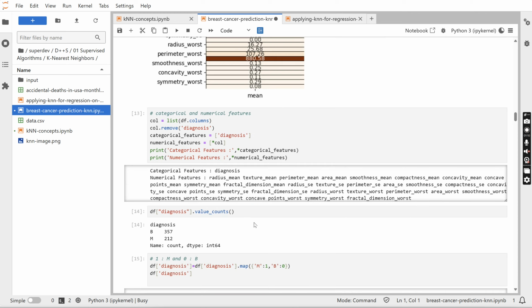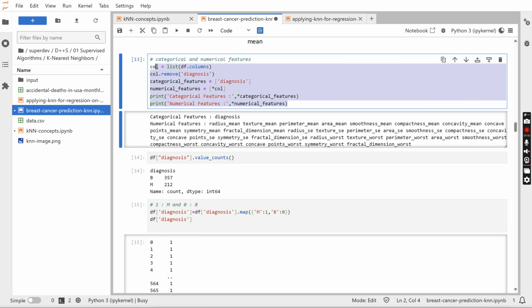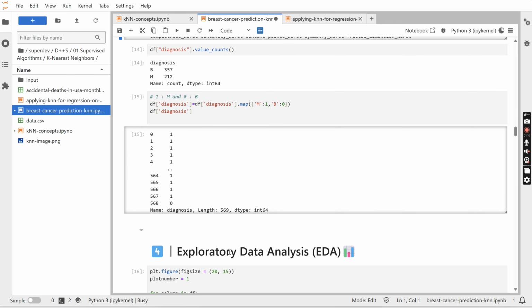Because we have only 569 rows, I will keep those. I would just impute those with mean. Okay, and categorical values also you have to handle. So basically first you have to find out which are the categorical features and numerical features. Basis on that you can choose the techniques that you want to follow.